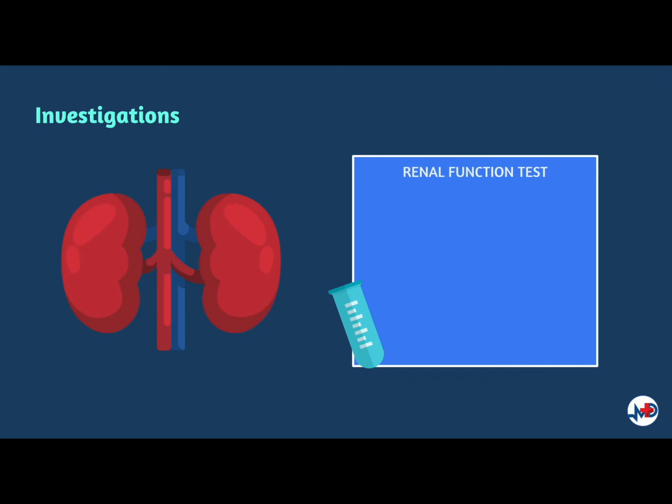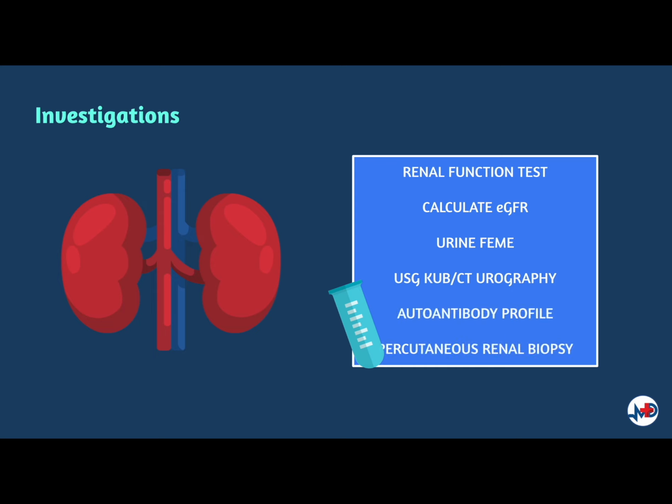There are many investigations apart from just a renal function test that can be done in the workup of acute kidney injury, and this predominantly looks at identifying the potential cause of the renal injury. The most common test that's done would be urine analysis.